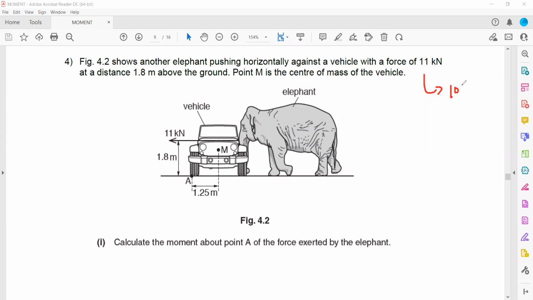So the elephant is applying a force of 11,000 newton at a distance of 1.8 meter above the ground. Point M is the center of mass. Center of mass means where the weight of the car is acting.